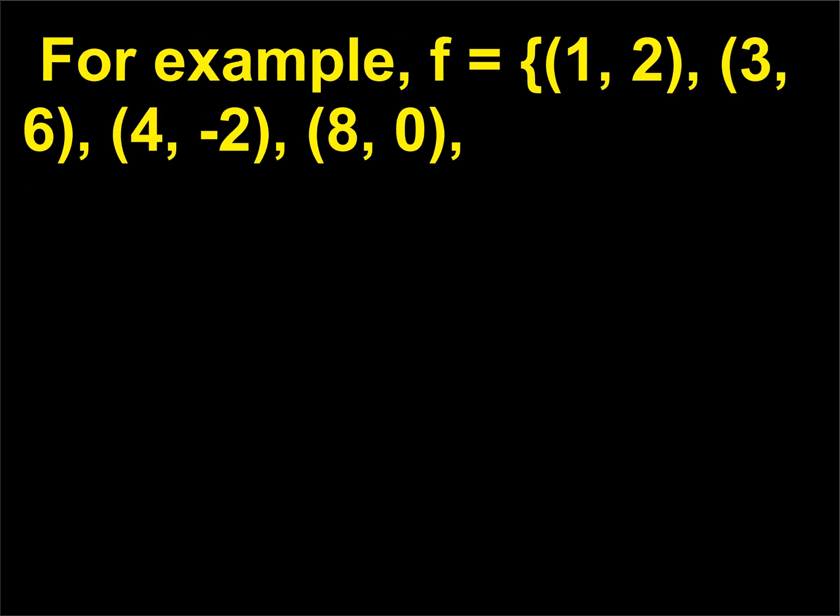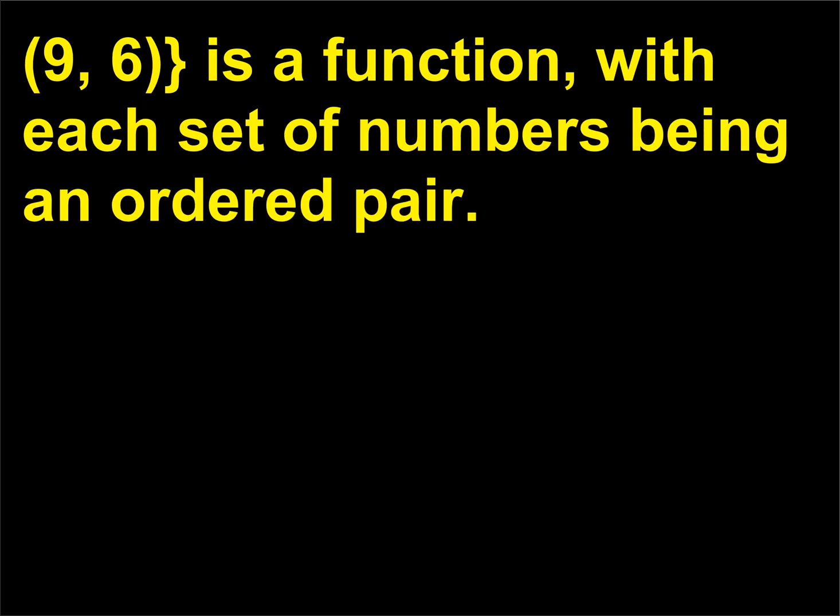For example, f equals {(1, 2), (3, 6), (4, -2), (8, 0), (9, 6)} is a function, with each set of numbers being an ordered pair.